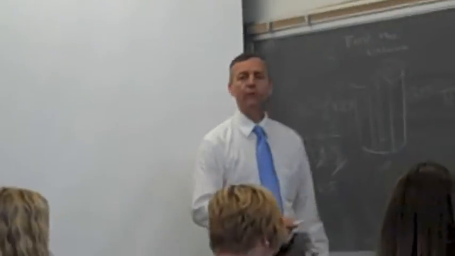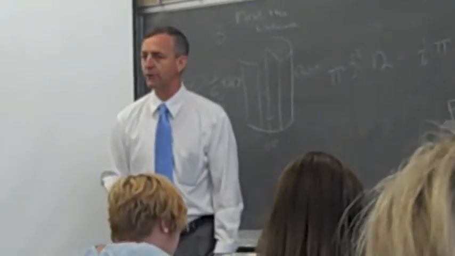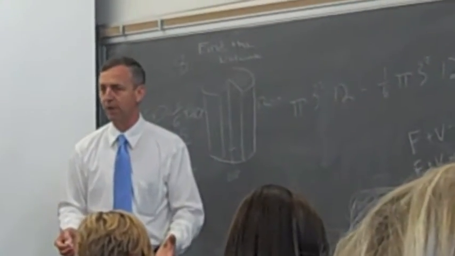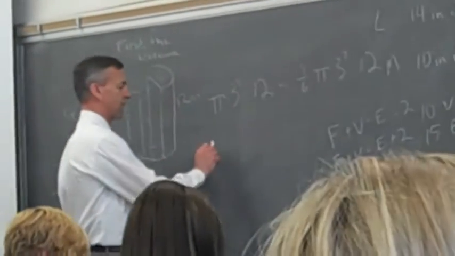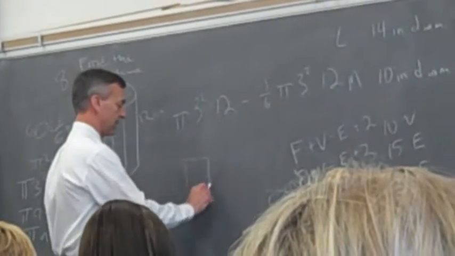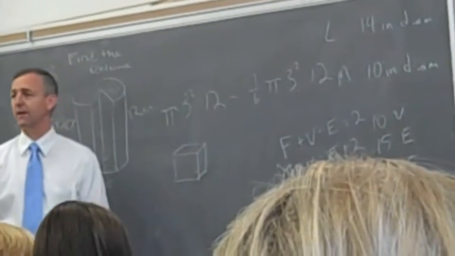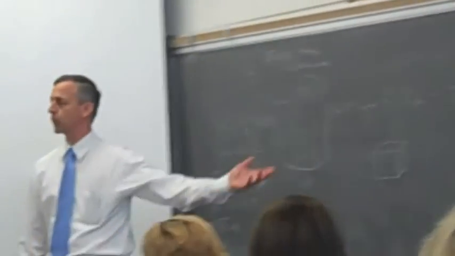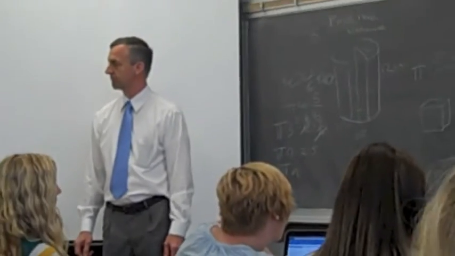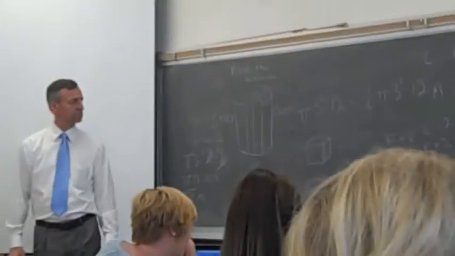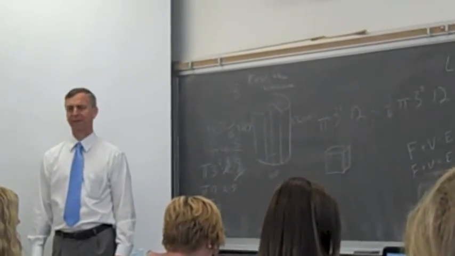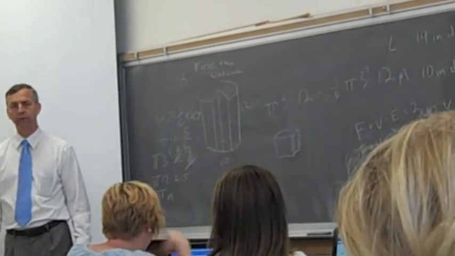You're going to go to the very most common polyhedron of all, which is a square box, a square prism, a cube.